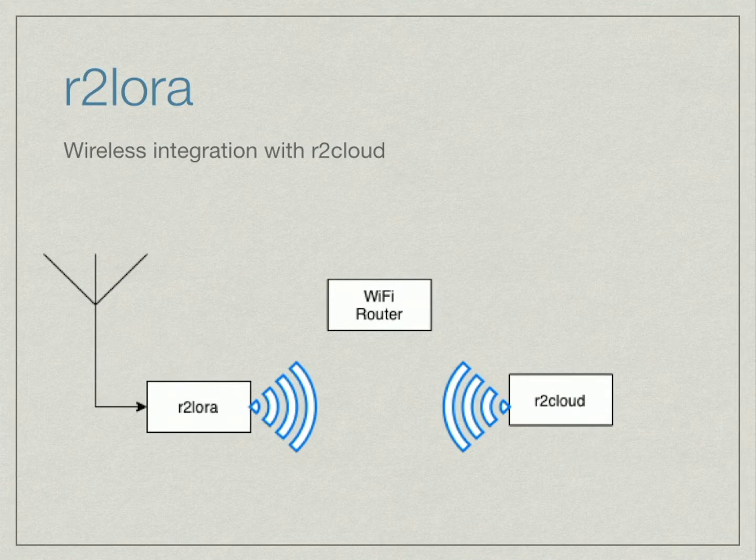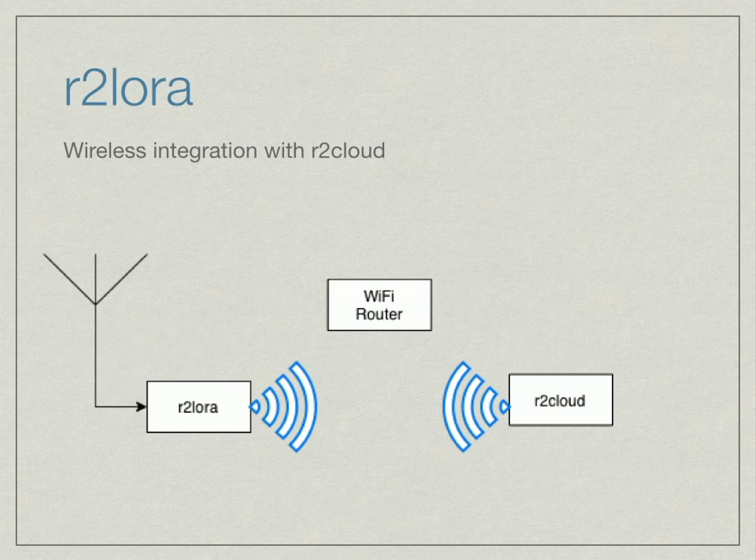This firmware needs to be installed on the ESP32, and then r2cloud can communicate using Wi-Fi through the router and just control the transceiver. So it can start listening for data on a specific frequency, I can stop listening to data on a specific frequency, and just get results.